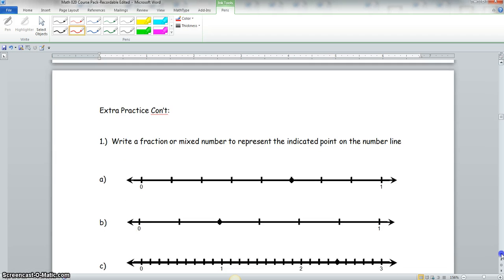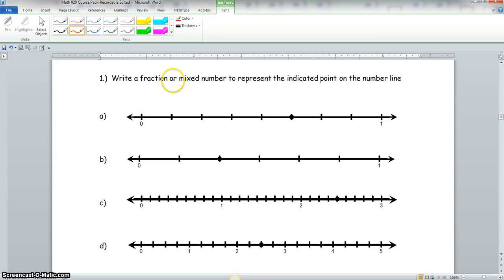Now we have extra practice. It says write a fraction or mixed number to represent the indicated point on the number line. Now if you look here, our number line goes from 0 to 1. So we know all of these must be proper fractions because remember, proper fractions are less than 1.